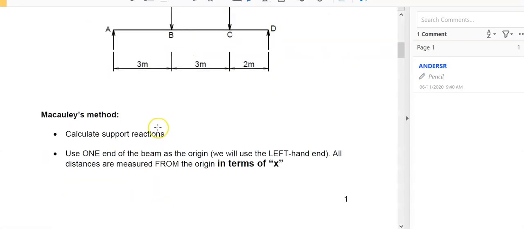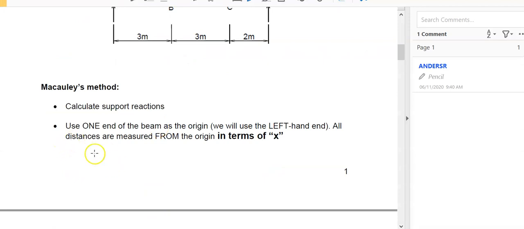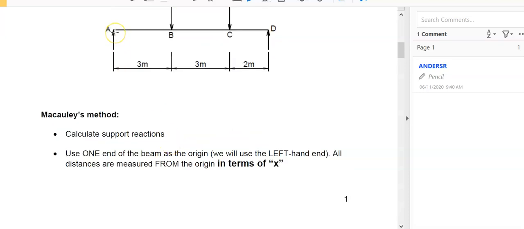Right, the next bullet point: use one end of the beam as the origin. We will use the left-hand end A. All distances are measured from the origin in terms of x.